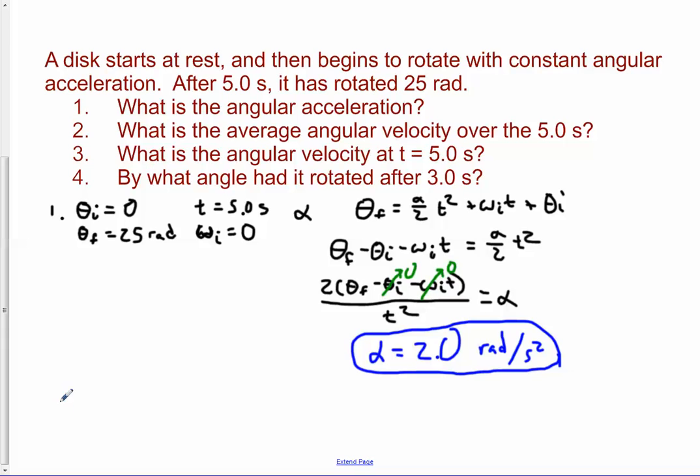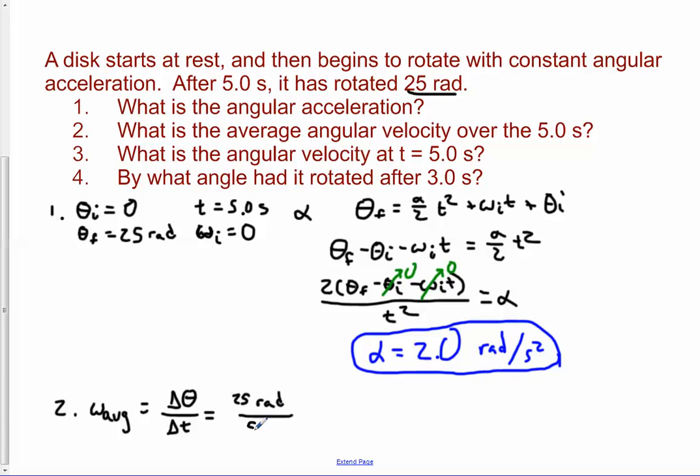Number 2. What is the average angular velocity over the 5 seconds? Okay. For that, I can just go back to this formula. It goes from 0 to 25 radians, so the change in theta was 25 radians.